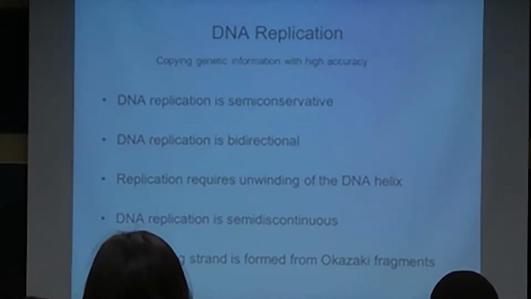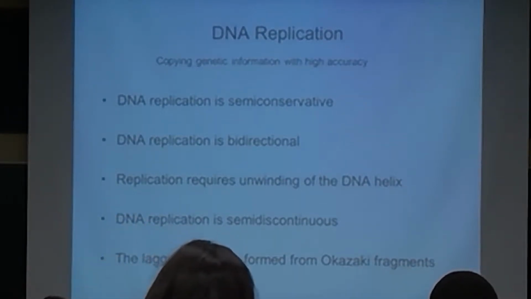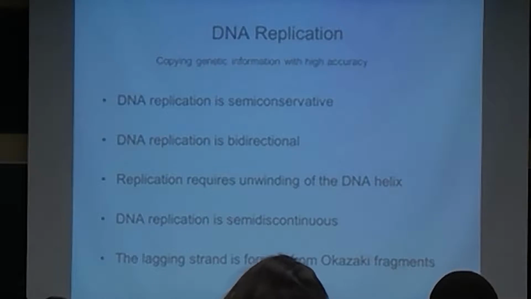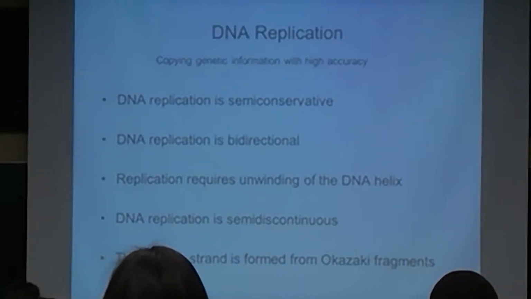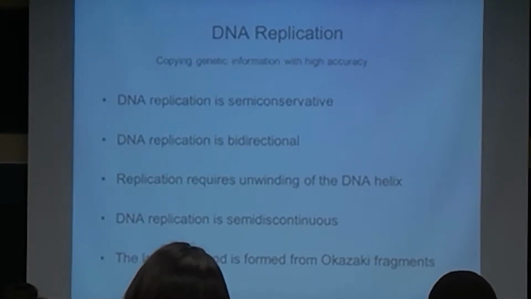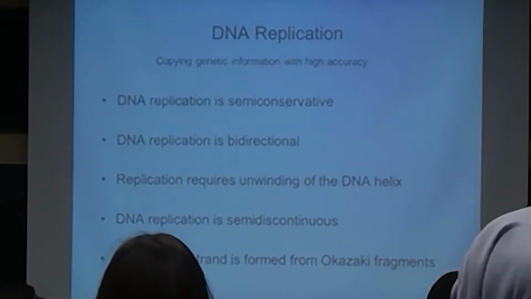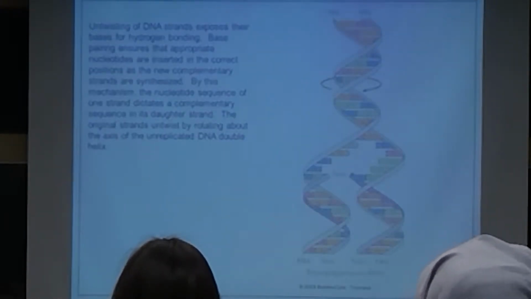It cannot be replicated continuously. So the lagging strand has to put the primer 3' end in the proper direction, but once some part is replicated, polymerase has to move, leaving whatever is synthesized. So it's kind of semi-discontinuous with the synthesis of Okazaki fragments. So we discussed some of these.